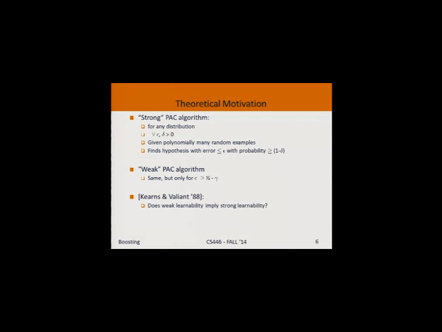And the question that was asked by Valiant, which started PAC learning, and by Michael Kearns, as part of his PhD thesis, was: does weak learnability imply strong learnability? So let's assume I have an algorithm, and I know how to show that it's a weak learning algorithm.